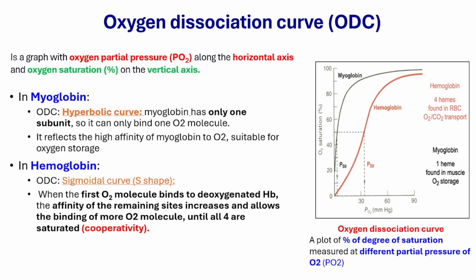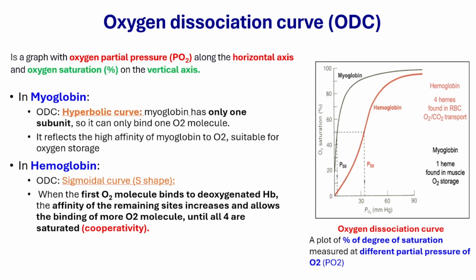So when I say that, it means there is what we call cooperativity. The first molecule, when it binds to my binding site, will increase the affinity, the binding, of other molecules to the hemoglobin. That's why we call it cooperativity.